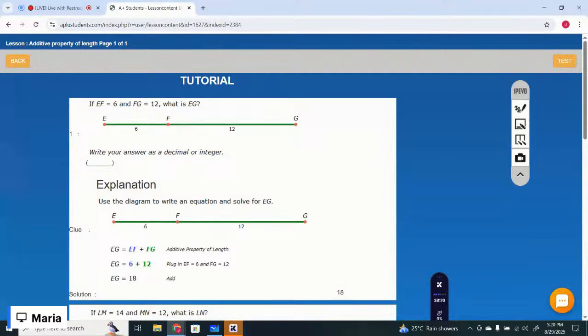So EF equals 6 plus FG equals 12. So 12 plus 6 equals 18. EG equals 18. Let's just start with the test questions.